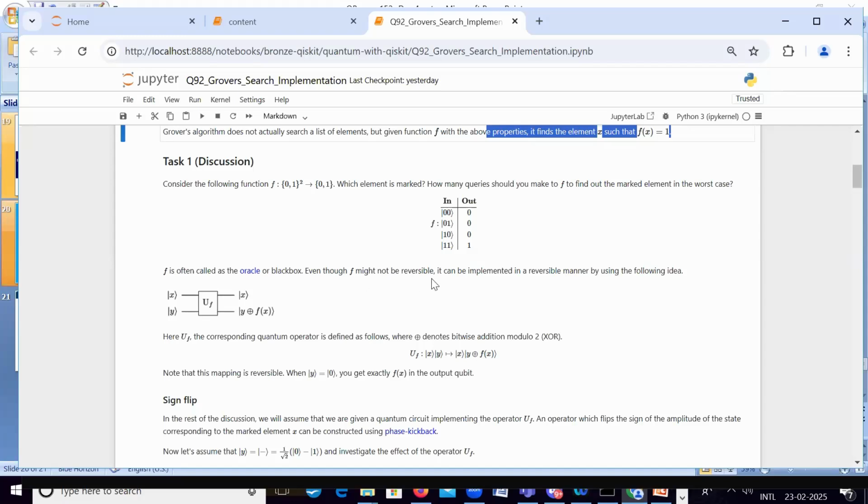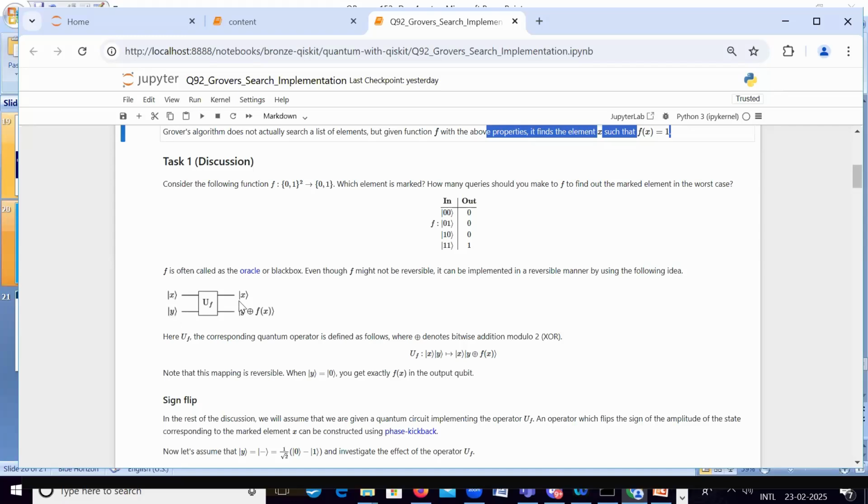Even if F might not be reversible, it can be implemented as a reversible function. That's why it is a kind of black box. Really it is not reversible, but it can be implemented in a reversible manner using the following idea. This representation is given here by using the unitary function U_F over the given two states, ket x and ket y.